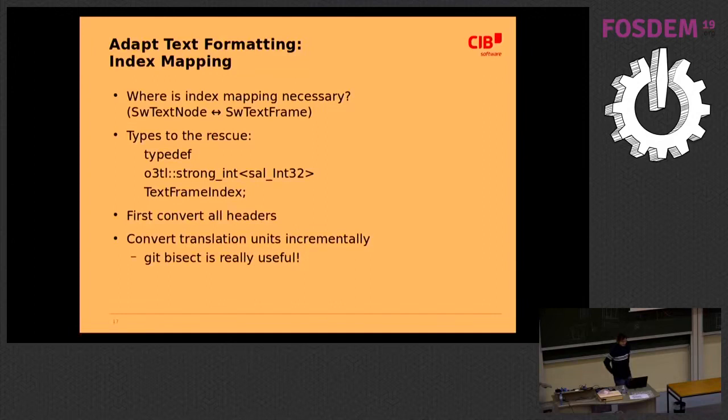So we can start by annotating the obvious functions in the text frame, converting them to the strong int type, and then every operation where the sal_Int32 and the strong int are mixed in one function call or in one addition or whatever are going to be flagged by the compiler.